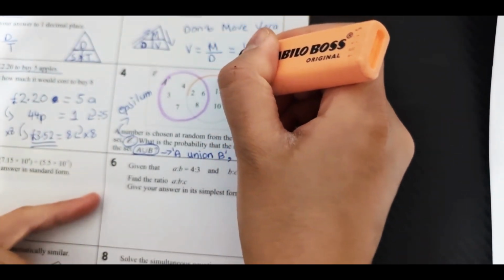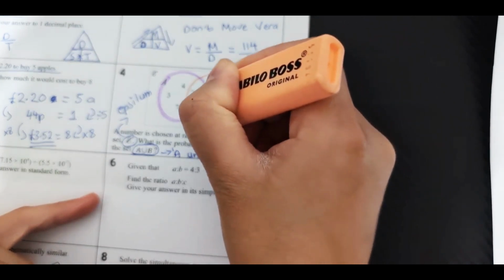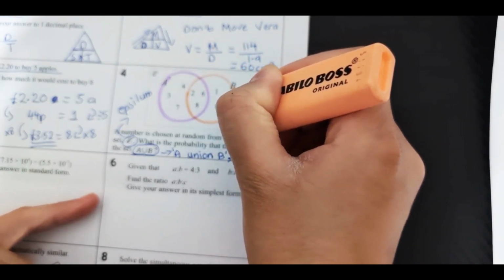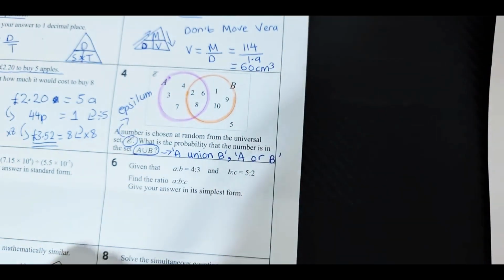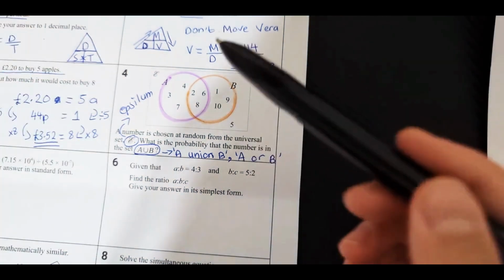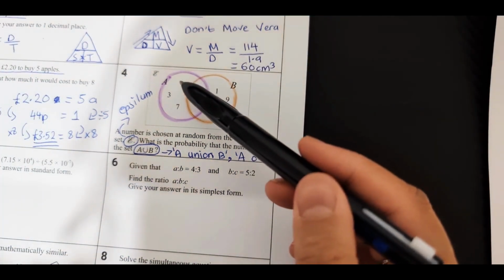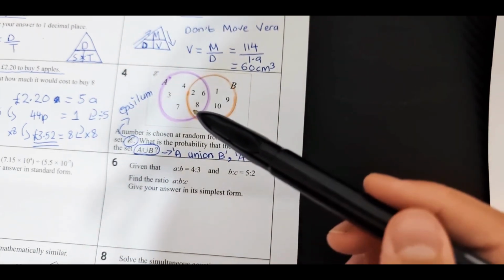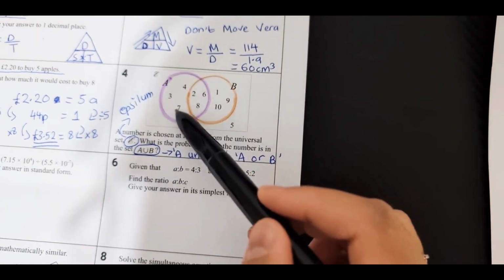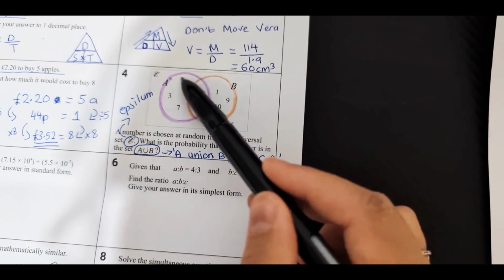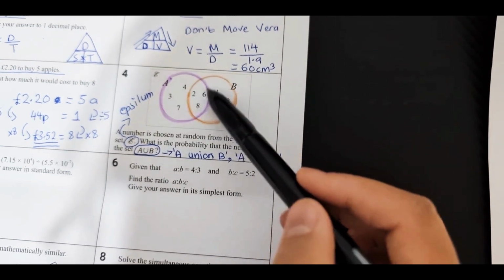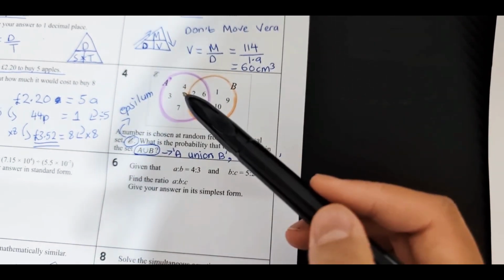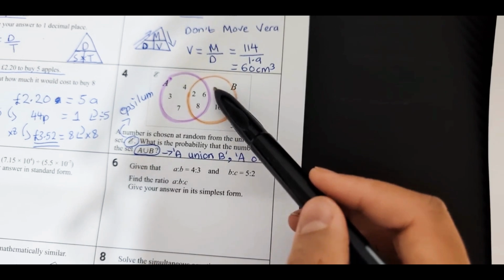That's all of set B. Our job is to work out the probability that the number can be in either of these two sets. So what we do in this case is count all the values that are in A and in B, and where the overlap is, we only count those once. We don't count them twice.